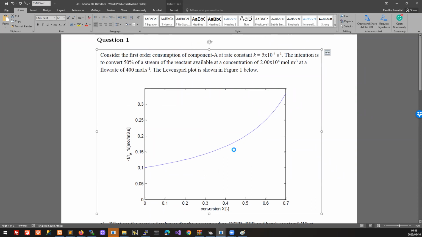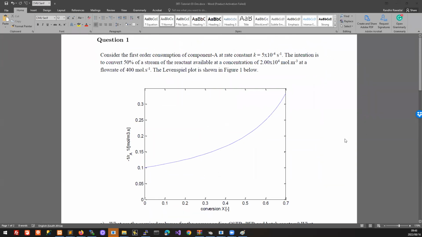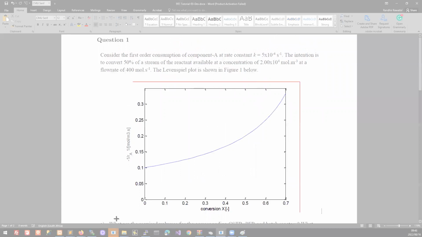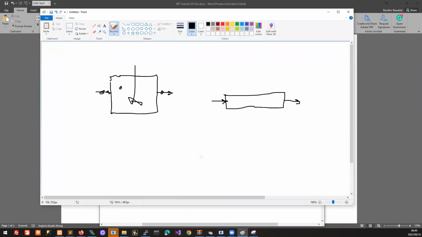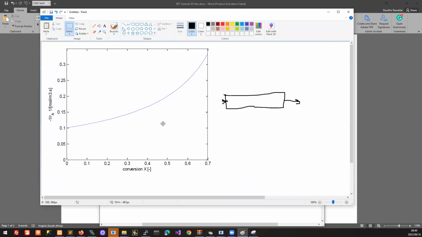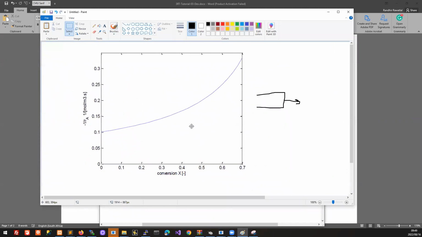Let's do this a little bit separately. Let's just snip this, and let's talk about doing the integration. When you do these integrations, you want to make it easy on yourself, right?